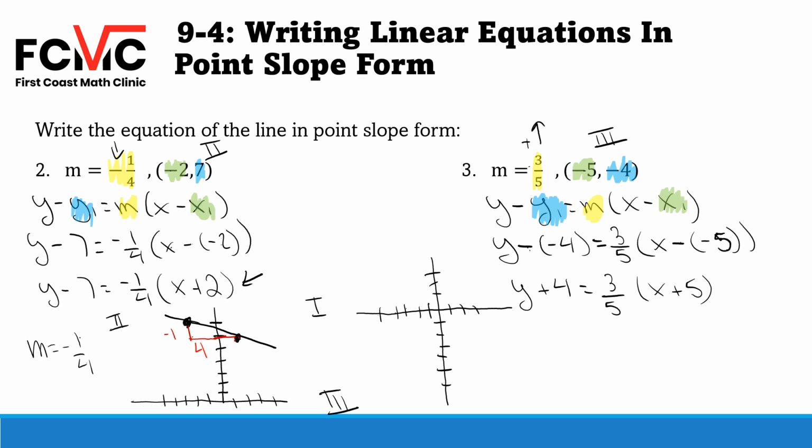Then down 4, 1, 2, 3, 4. So I'm right here. My slope is 3 over 5. So I'm going up 3, right 5. So we're going to go 1, 2, 3. And we're going to go over 5. So 1, 2, 3, 4, 5. It's going to take us right here.